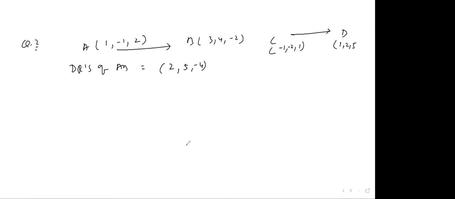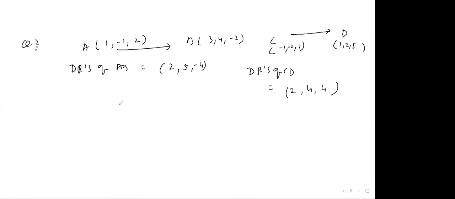And in question 2, we have been given 2 pairs of points: 2 points AB and another 2 points CD. And we have to show that the lines through these points are perpendicular to each other. So we got the DRs of AB, now DRs of CD. DRs of CD will be 1 plus 1, 2, 2 plus 2, 4, and 5 minus 1, 4.